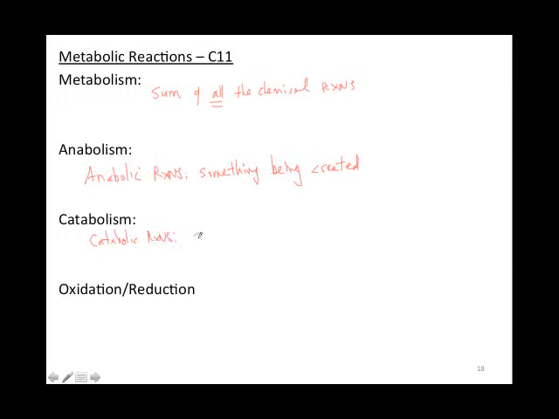This is where something is being broken down. For example, we can take a polysaccharide, a very long sugar chain, and break it down to its individual sugar molecules. That's a catabolic reaction. On the other hand, we can take individual glucose molecules, bond them together to make a long chain. That is an anabolic reaction. So we're building something from component parts.